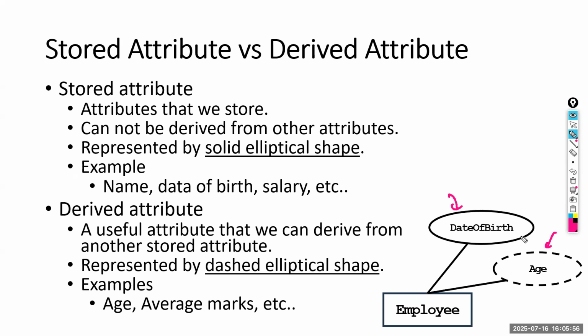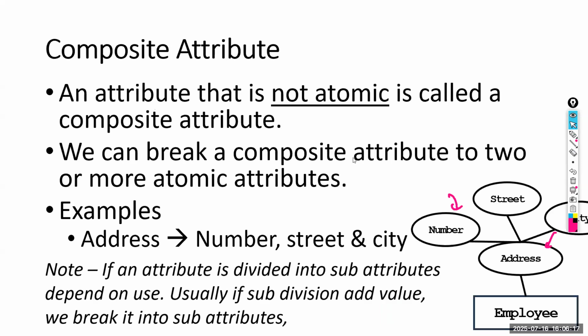If you have the marked price and discount percentage, you can derive the selling price. Derived attributes we mark with a dashed ellipse.